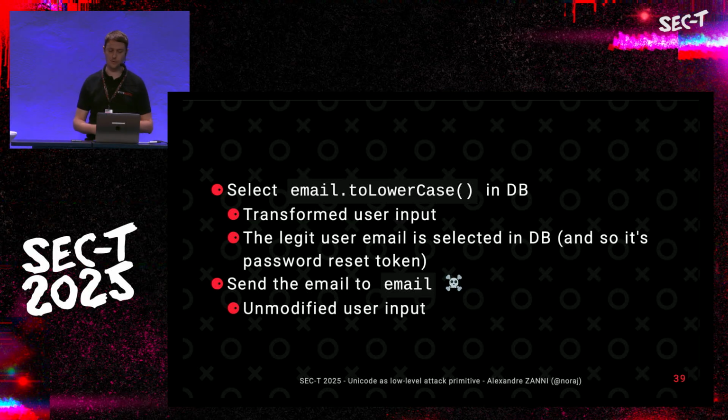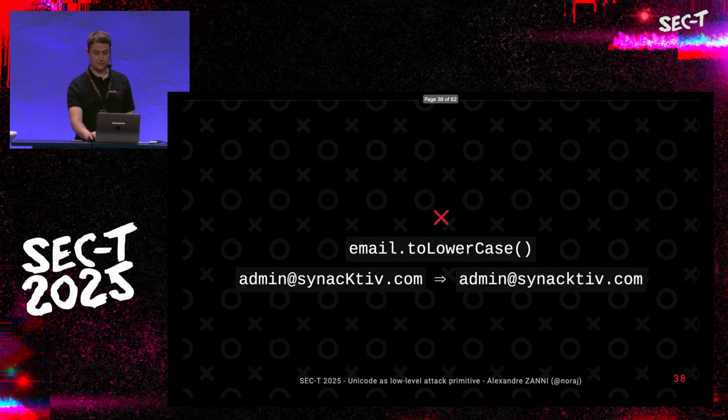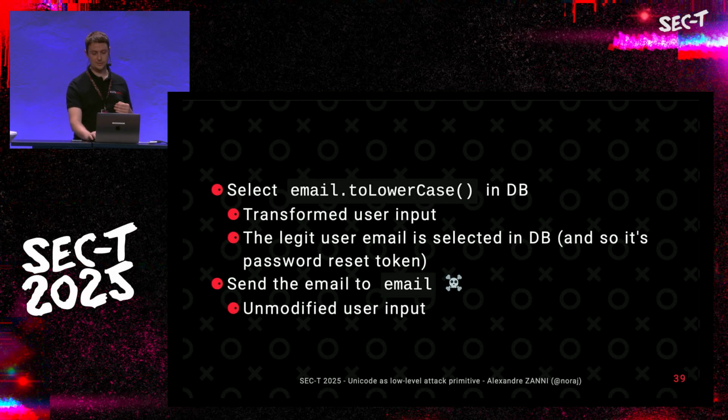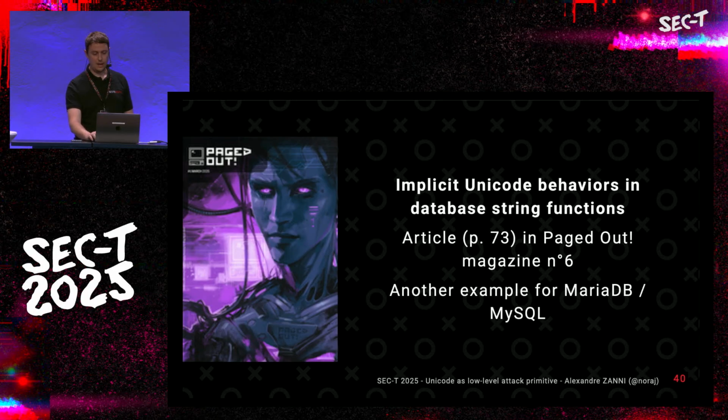But when the email is sent, the email input is not lowercased, so it will instead be sent to the synactive domain with a Kelvin sign, which is an entirely different domain. So it will result in sending the password to the hacker. I wrote a similar article on the string functions in MySQL and MariaDB that you can read in the free page.out magazine.